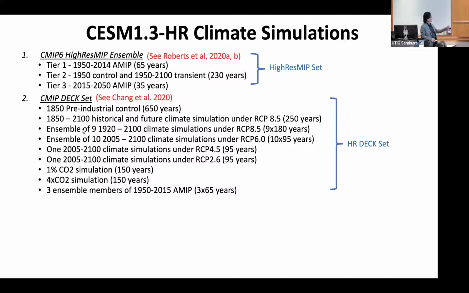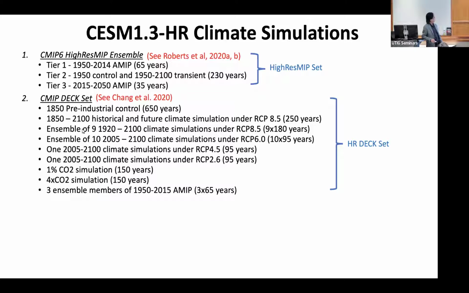And the most expensive simulation is actually the second set, and that's the standard CMIP DECK set. After we finished the HighResMIP, one of the issues with the HighResMIP protocol is that the control simulation is very short and the projection simulation is also short. So we decided to go back to the original CMIP design and follow the standard protocol.